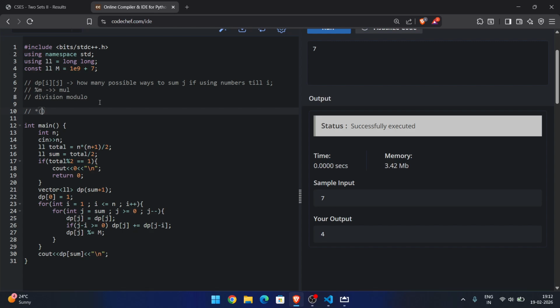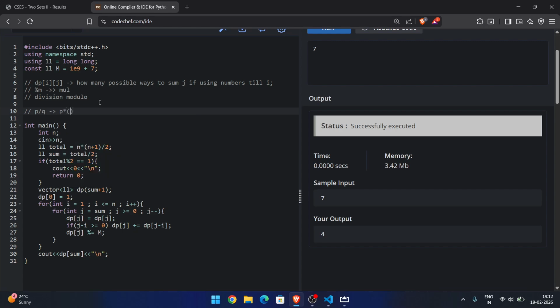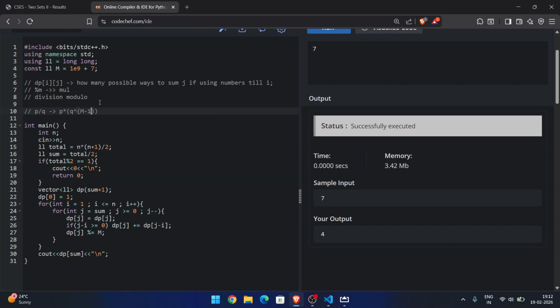Suppose we have to divide p by q, then in modulo we multiply p with the modulo inverse of q. To find the modulo inverse of q, we do q raised to capital M minus 2, modulo M, and this would be the answer.